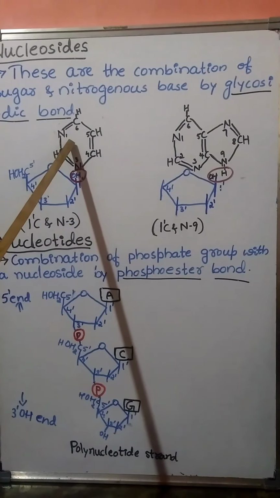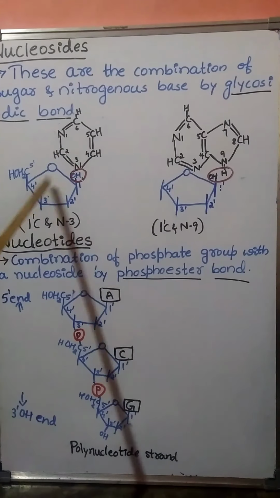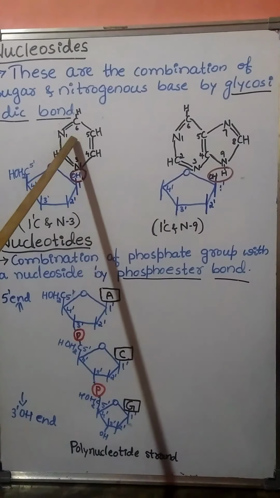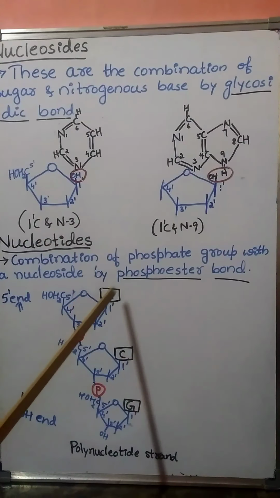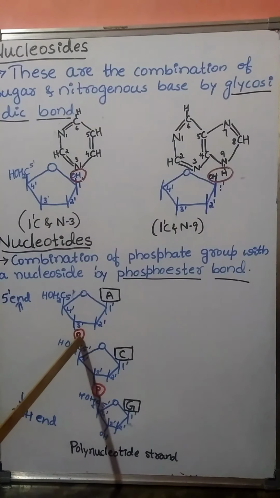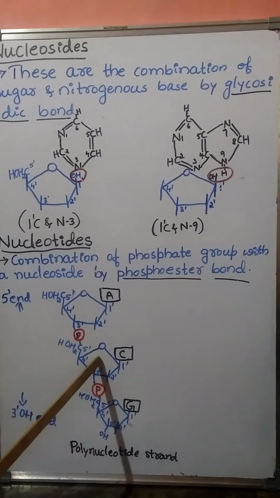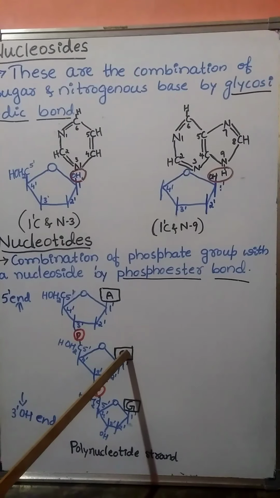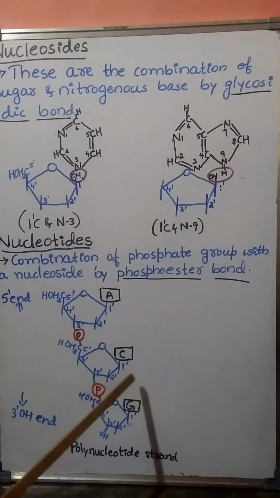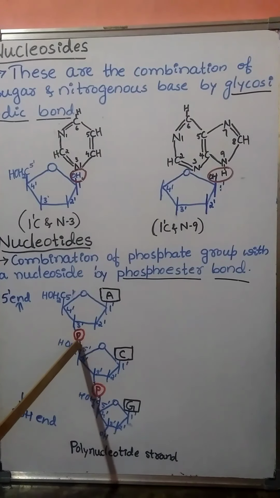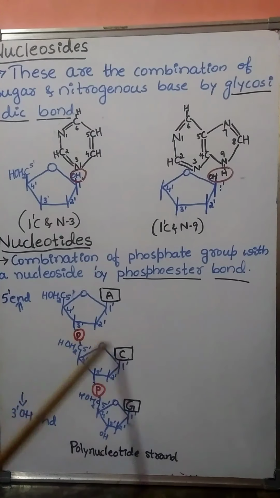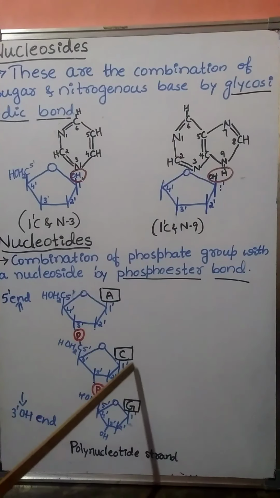In case of nucleosides, pentose sugar and nitrogenous base are attached. But in case of nucleotides, a phosphate group is attached to a nucleoside. Nucleoside means pentose sugar and nitrogenous base, which are already attached. To that nucleoside, a phosphate group attaches by forming a phosphoester bond, then it is called a nucleotide.